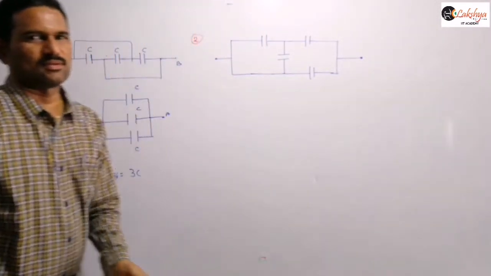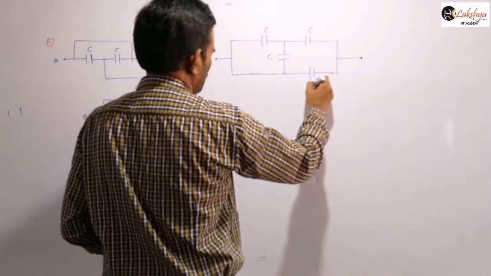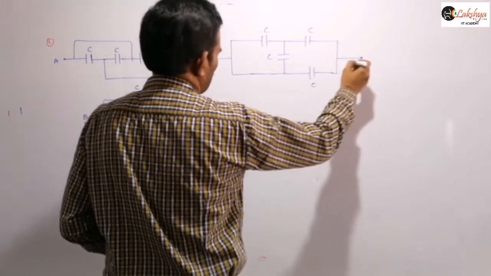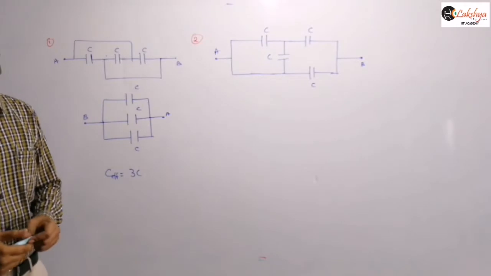So now this is the case here, right? Now let us take all of them also to have the same capacitance C. Now we need to find the effective capacitance between A and B. Can you calculate the effective capacitance between A and B here?